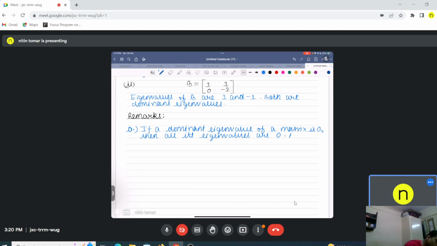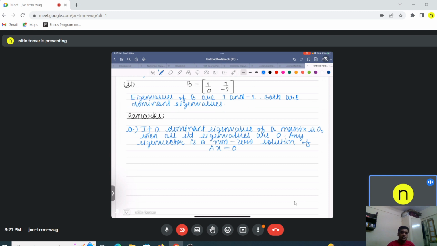Also, any eigenvector is a non-zero solution of Ax equal to 0. And why will such a non-zero solution exist? Because A has an eigenvalue 0, which means A is not invertible.